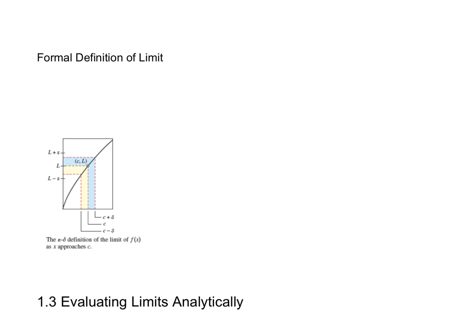So we've talked about the informal definition: as x approaches a value, f of x approaches a single number L from both sides. We have not talked about what it means for f of x to become arbitrarily close to L, which is the phrase the book used, and x approaches C. These are the things we're going to formalize in this definition.